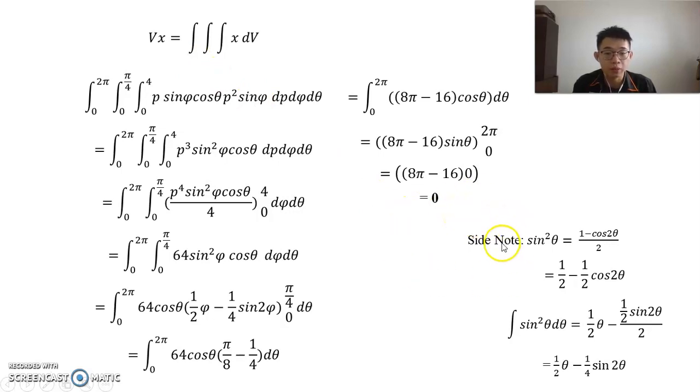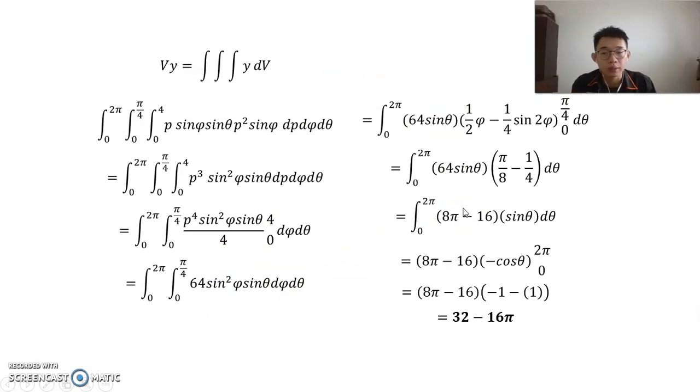A side note: we are going to need to use the trigonometric identity to solve this integration, which is sine squared theta equals (1 minus cos 2 theta) over 2. We're going to use this identity inside this part of the integration, and then we just solve it like normal. We're going to get 0.